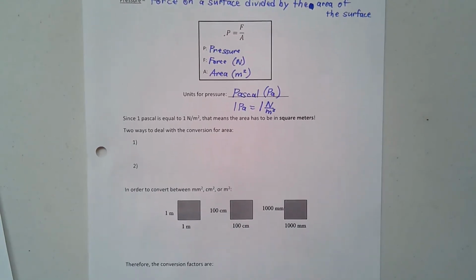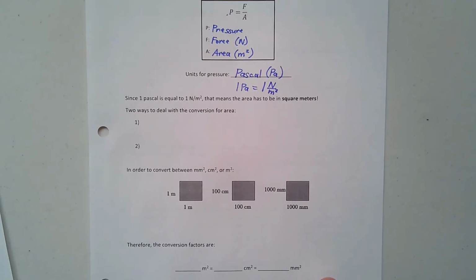Now, because the Pascal is dependent on square meters, this means that your area has to be in square meters. So there are times where we're going to have to convert things that might be given in square centimeters or even square millimeters and get them to square meters. Now, the conversion, because the units are squared, does come down to being a little bit more tricky than what we're used to with our linear measurements.